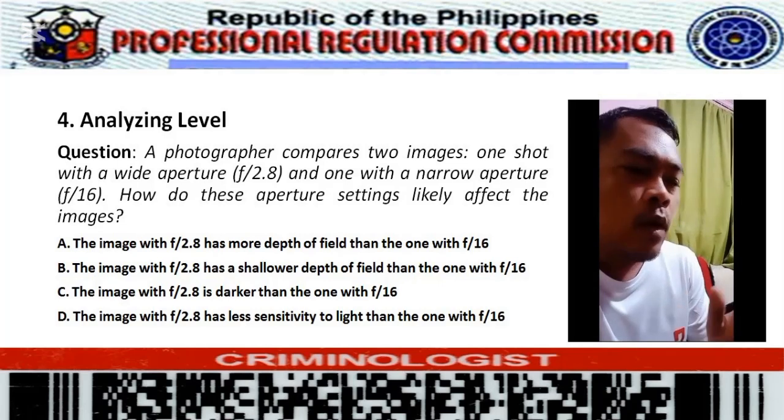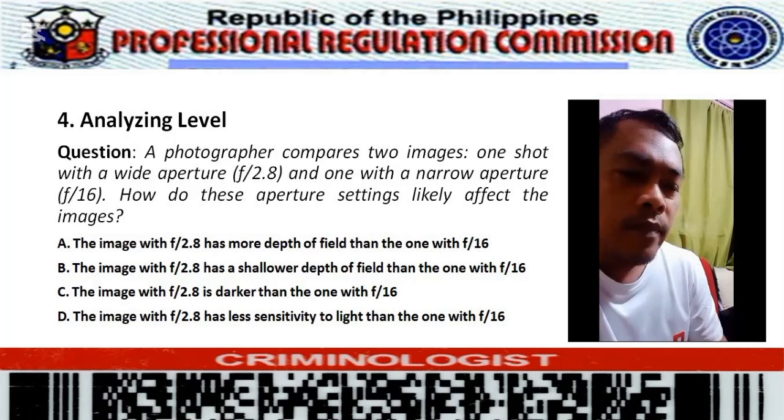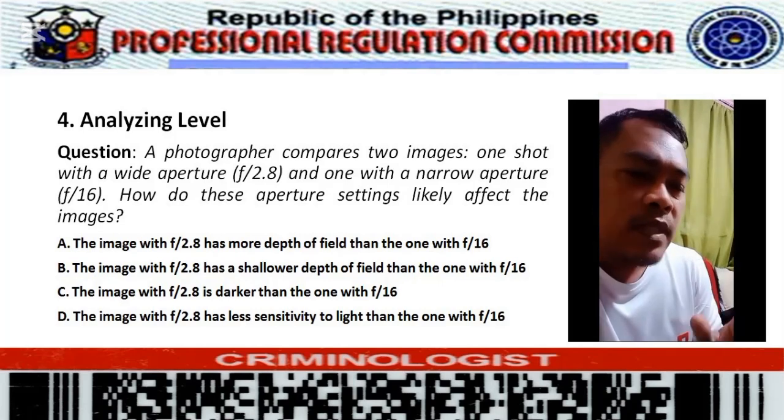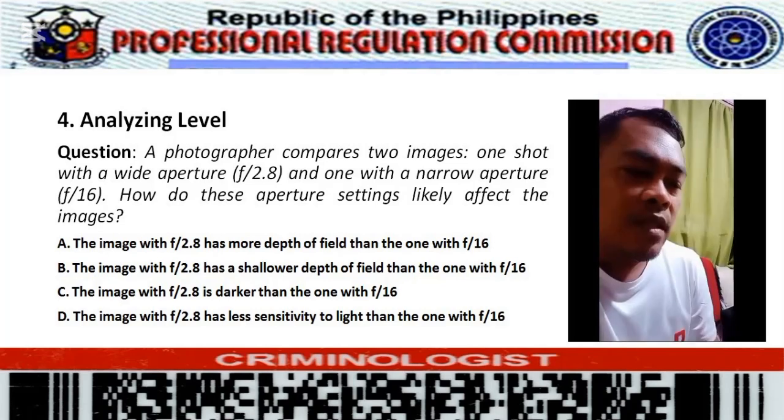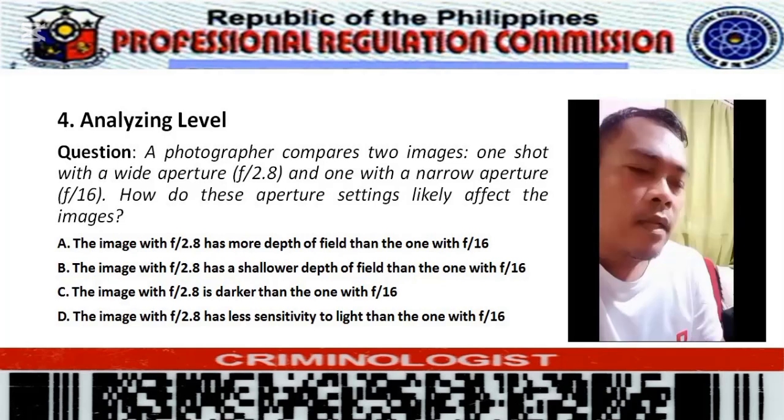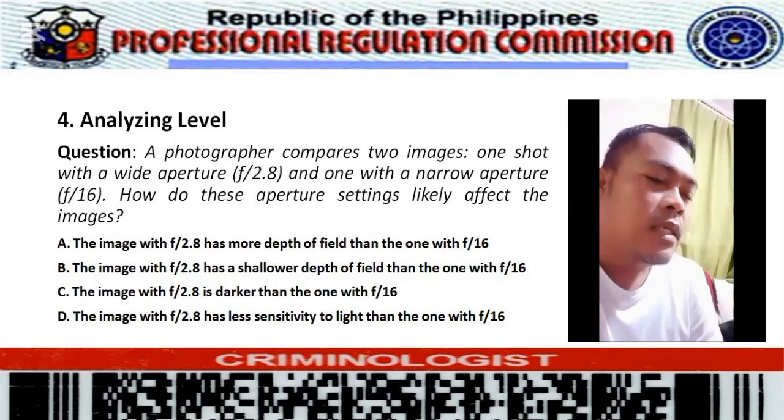Letter B. The image with f-stop number 2.8 has a shallower depth of field than the one with f16. Letter C. The image with f-stop number 2.8 is darker than the one with f16. Letter D. The image with f2.8 has less sensitivity to light than the one with f16. So what do you think is the correct answer?